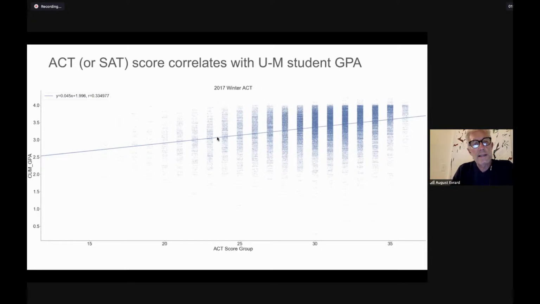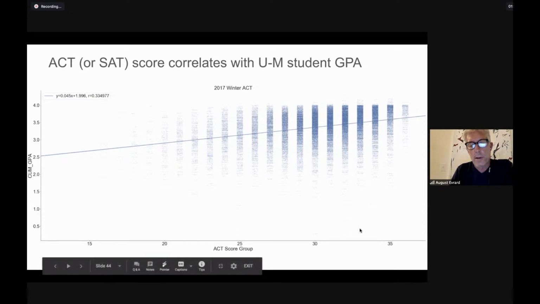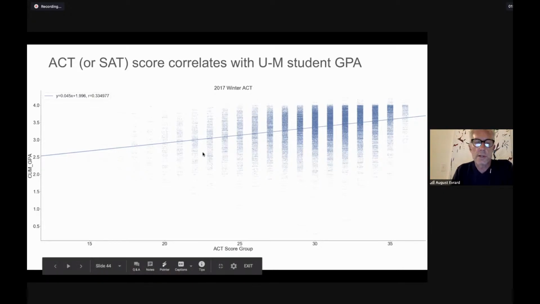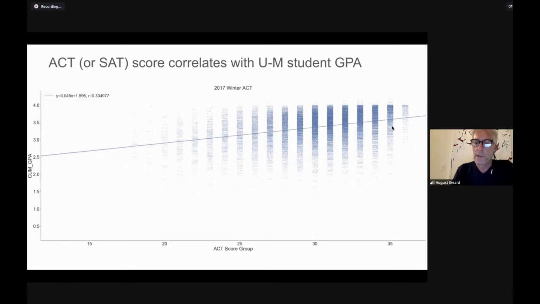What you can see is in any given semester, this is 2017, for example, is that a student's GPA correlates with their ACT score, and if I showed you SAT, you'd see a similar thing. Every point on here is a student, and you can see that there's a regression line that basically says that, if you're a good student, you get good grades.